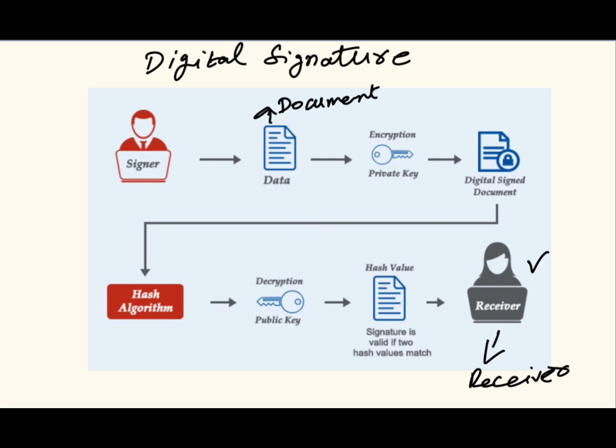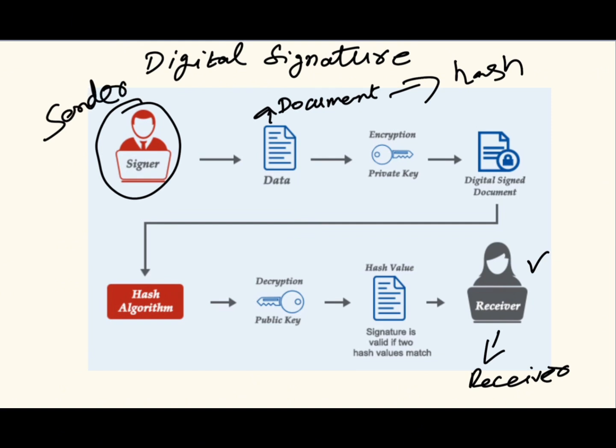So what the sender will do first is generate a hash using a hash algorithm. The sender, sitting over here, will generate a hash of this particular document.